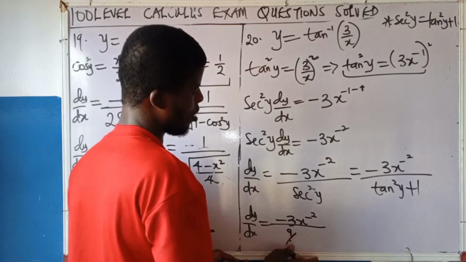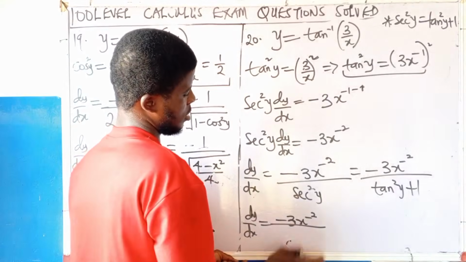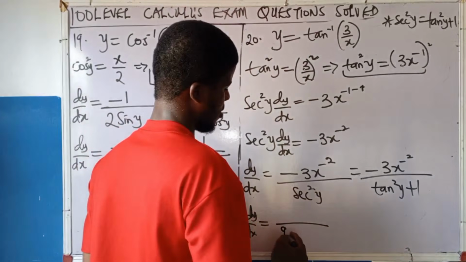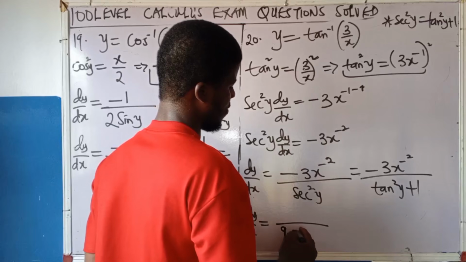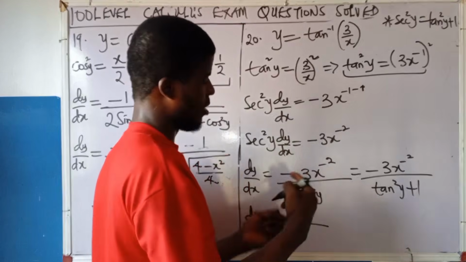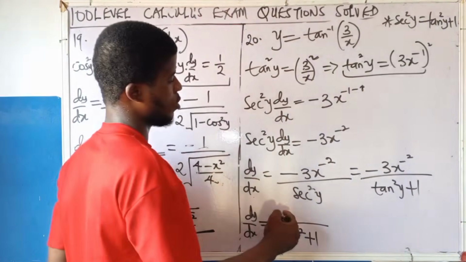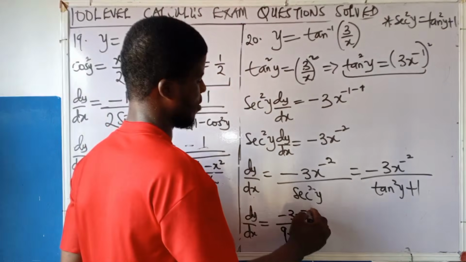Let me just write 9x to the power of minus 2, I'll manipulate it later, plus 1. And what's on top? Minus 3x to the power of minus 2.